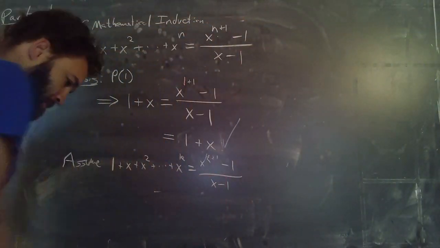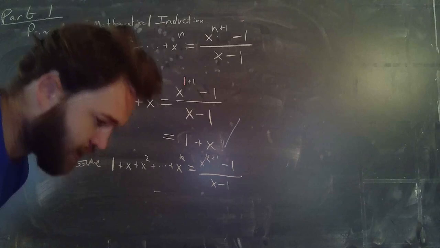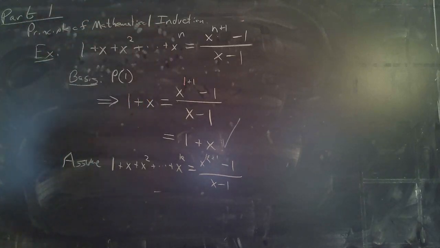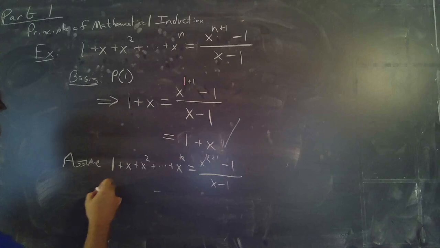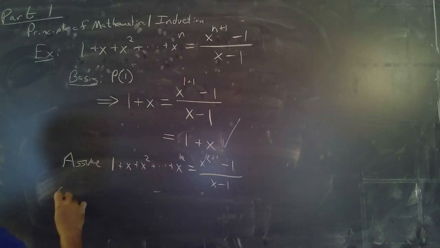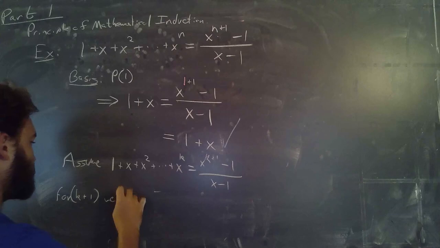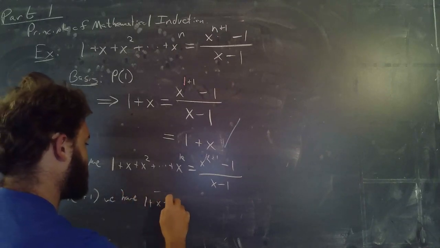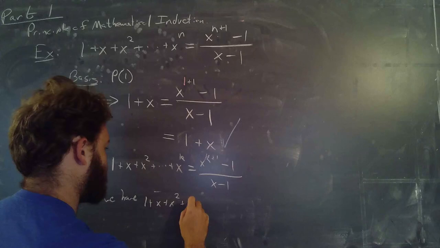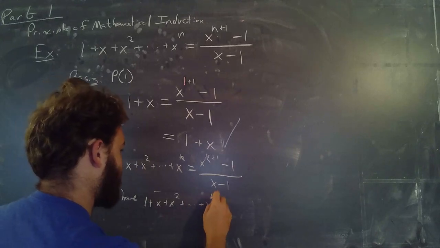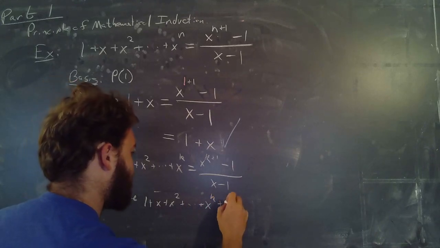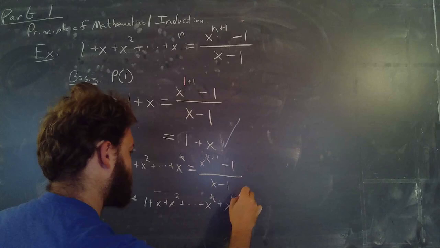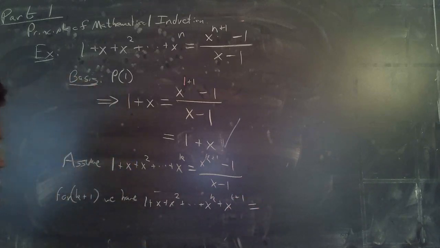Okay. Now, k plus 1 would give us, if we go to the next term on the left-hand side, so for k plus 1, we have that 1 plus x squared plus dot dot dot plus x to the power k plus x to the power k plus 1 should equal to.